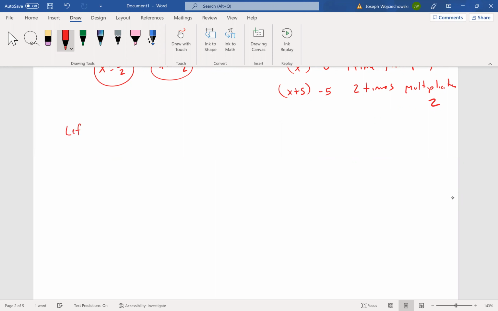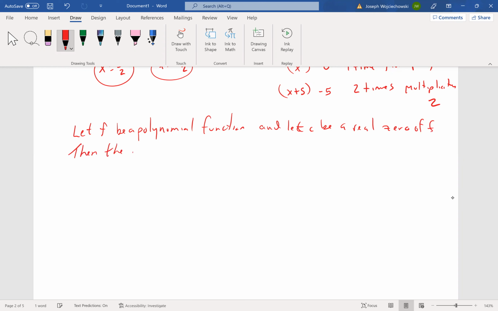So if we let f be a polynomial function, and let c be a real 0 of f, then the point (c, 0) is an x-intercept.